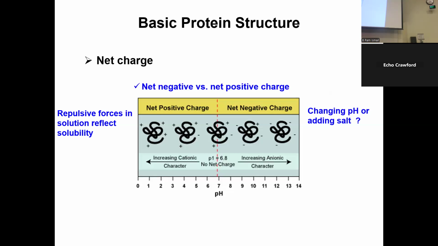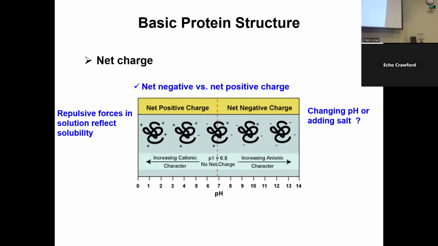Sometimes a little bit of salt adds, we'll call it charge load. Increase the charge load on the protein and you'll get salting in, if you've heard of that term. So that means you have a little bit more charge on that protein and you have more interaction with water. But if you dump a lot of salt, the Na will react with negatively charged groups and the Cl minus will interact with positively charged groups.